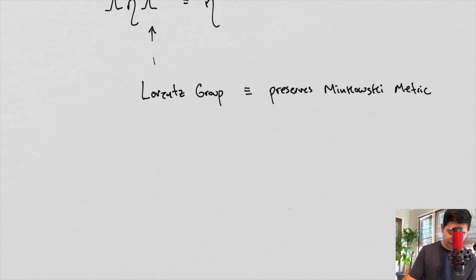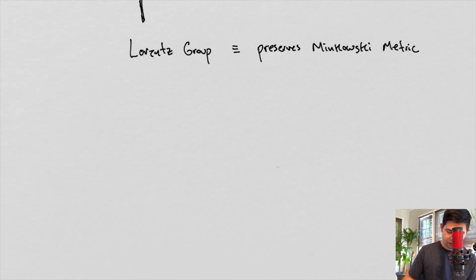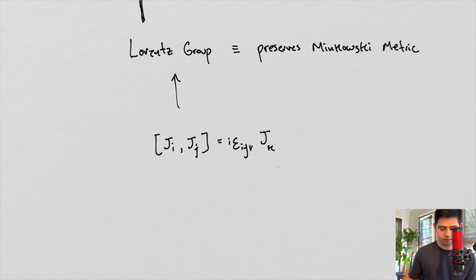And then what we're going to find is that the Lorentz group obeys the Lorentz algebra, or it obeys the relationship that's very similar to something that looks like this.